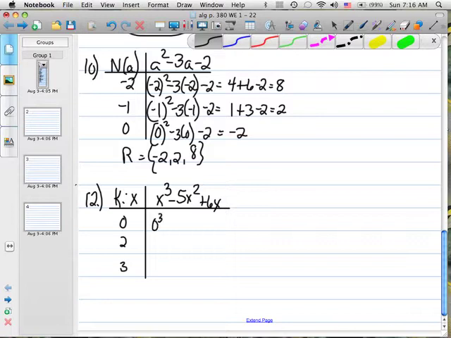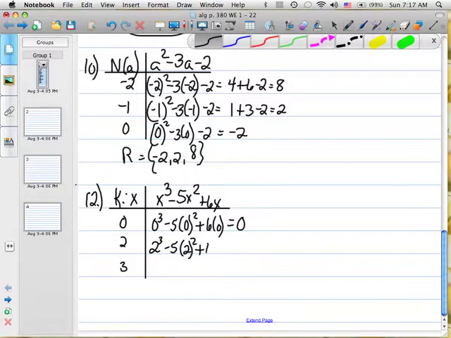So putting 0 in, 0 cubed minus 5 times 0 squared plus 6 times 0 gives you 0. 2 cubed minus 5 times 2 squared plus 6 times 2 equals: 2 cubed is 8, 2 squared is 4, times the negative 5 is negative 20, plus 6 times 2 is 12. Well, the 12 plus 8 makes 20, minus 20, that gives us 0 also.